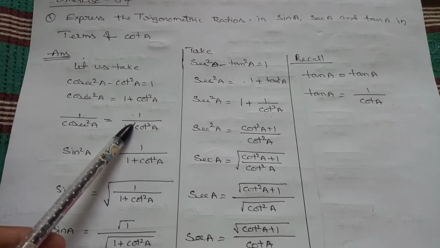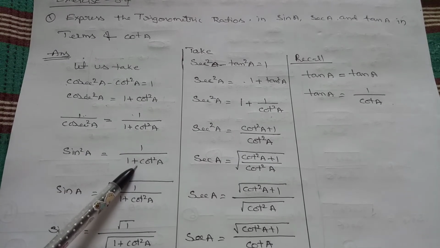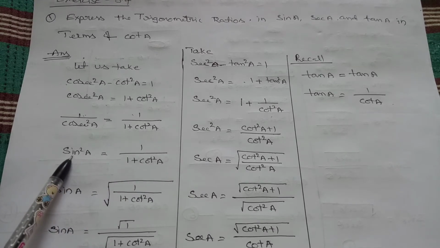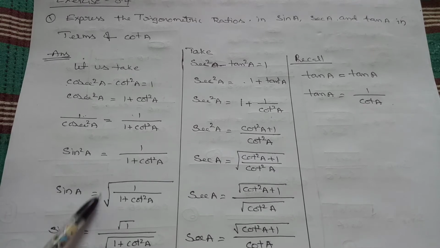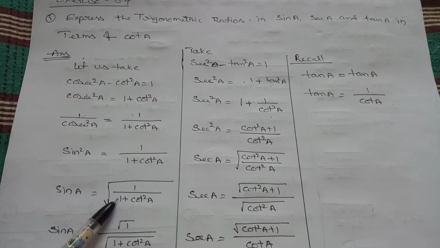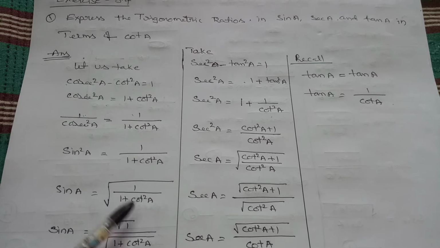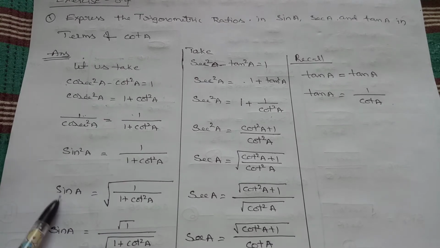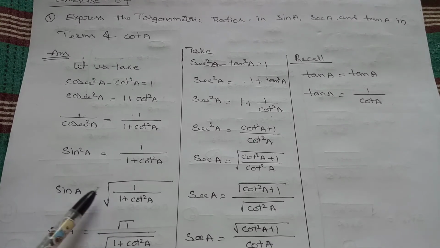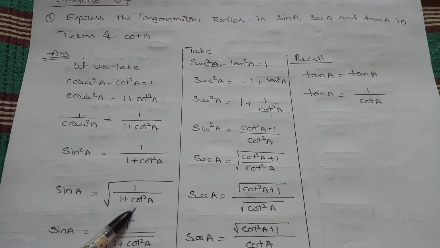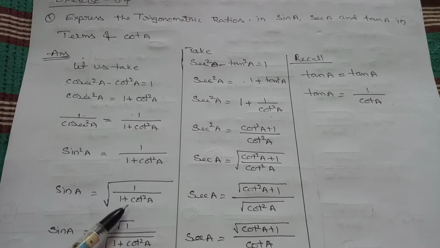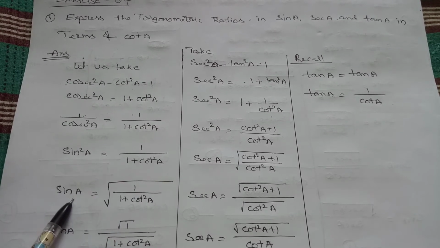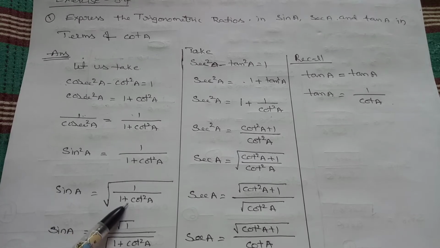This is the reciprocal; as it is we have to write it down. Now sin A is equal to root of 1 by 1 plus cot square A. You see, sin A can be written in terms of cot. So only numbers are there and no other ratio is here. Only cot is there. Therefore, sin theta can be expressed in cot like this.